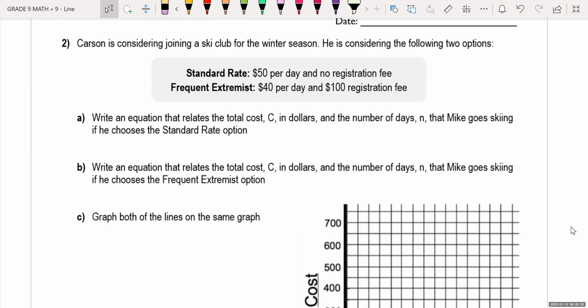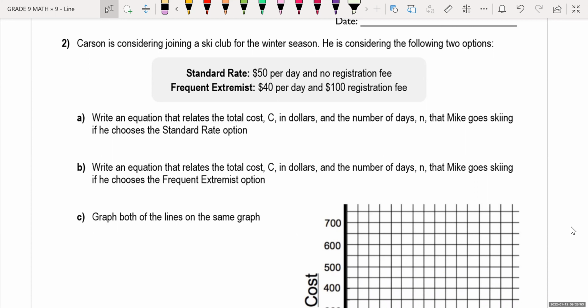Registration fee is kind of like if you use a particular skiing club, you have to pay the registration fee to use it for the whole year, and then you also have to pay a daily amount. So there are 2 different scenarios, and we're trying to figure out which one is the better one for Carson. Write an equation that relates the total cost C in dollars and the number of days N that Carson goes skiing if he chooses the standard rate option.